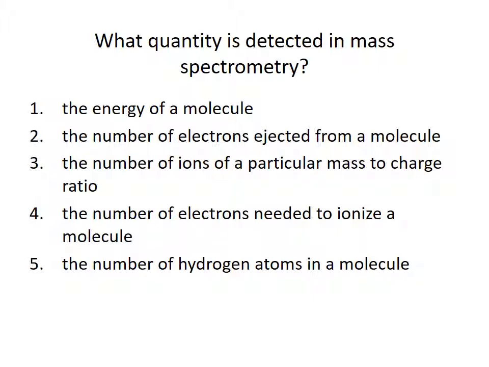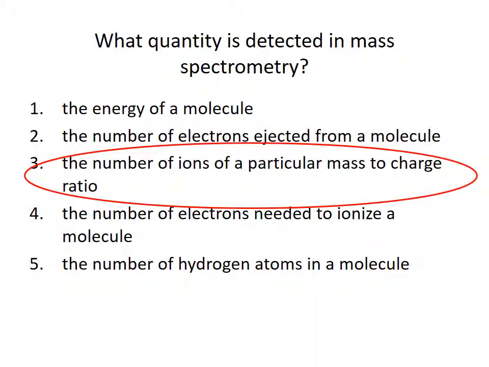Although, as far as we're concerned, every single ion just has a +1 charge, but it can't have a +2 charge. Then the mass is halved in relationship to the charge. So it is the number of ions. We're actually measuring the frequency of the ions produced of a particular mass to charge ratio.